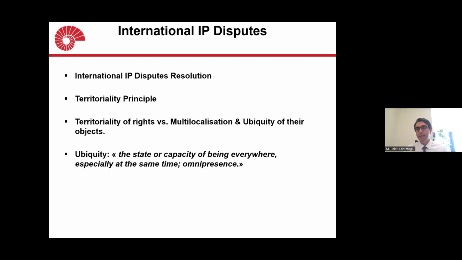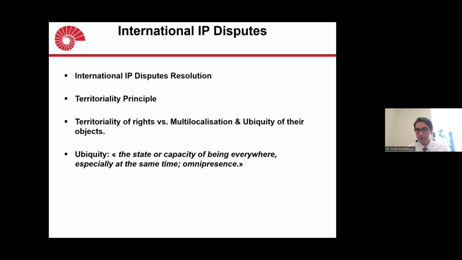And finally, we also have the ubiquity of IP rights, because the immaterial object of the right has ubiquity, which means that your IP rights may exist in different locations at the same time, and they do not have a real physical or geographical localization.